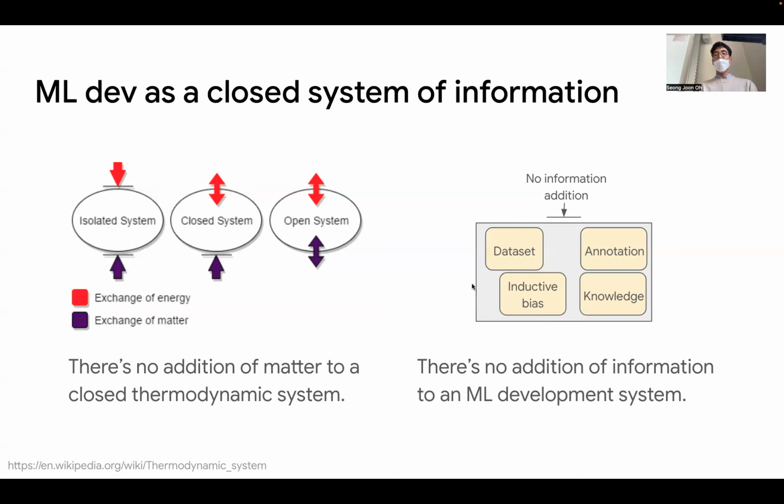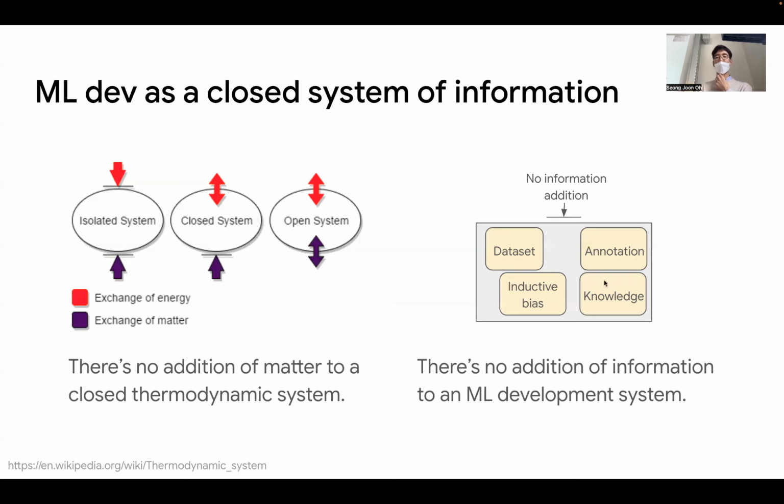The system that I mean here is the development system, which is a combination of the data set, annotations given for this data set, and all kinds of inductive bias, in the form of the model architecture, or the way we pre-process the data, or the expertise of people who have a lot of experience with training neural networks.